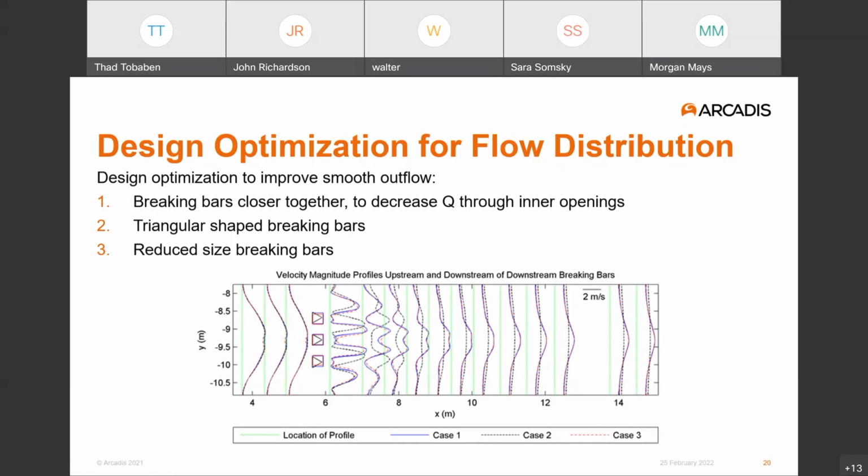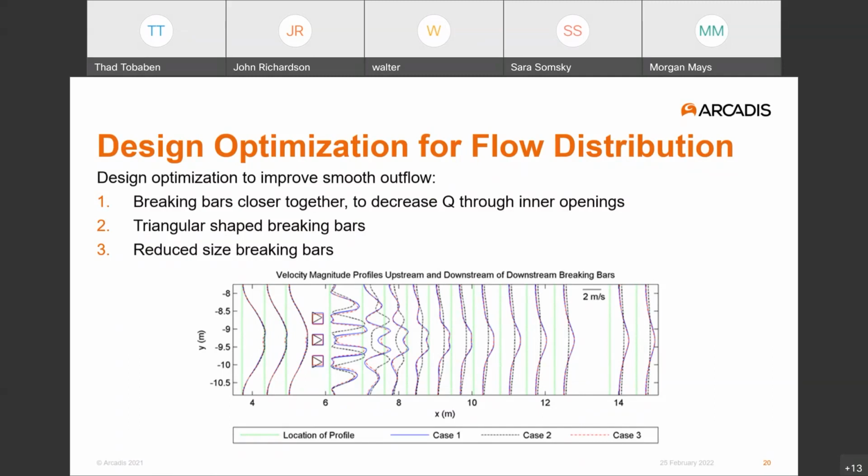As I mentioned before, the flow is going from the left to the right, and at different transects, which are identified as the green vertical bars, we've outputted at each one of those locations a velocity profile.